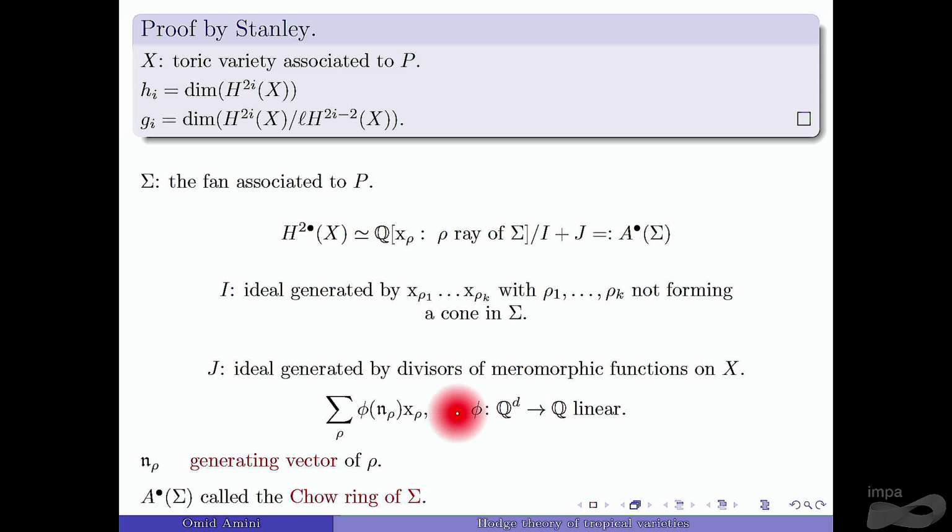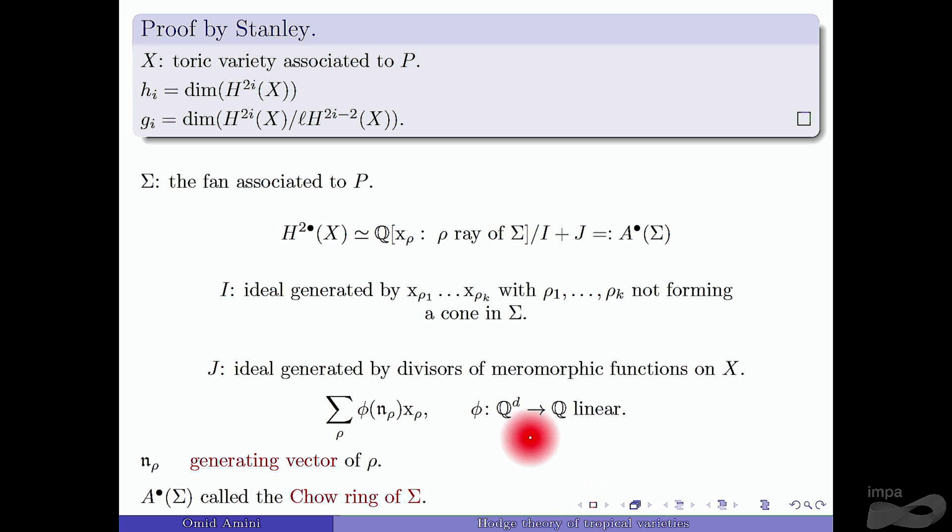But actually, there is a very nice way of defining this relation using linear forms on the Q points of the ambient vector space where the fan lives.